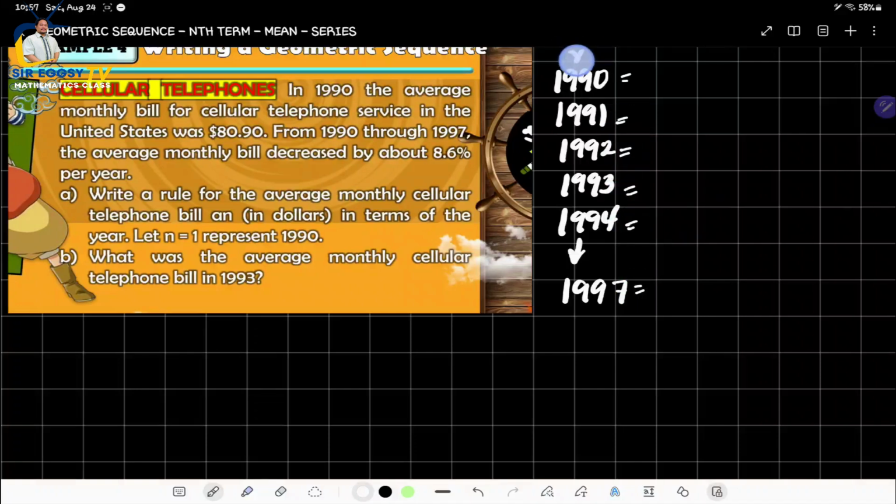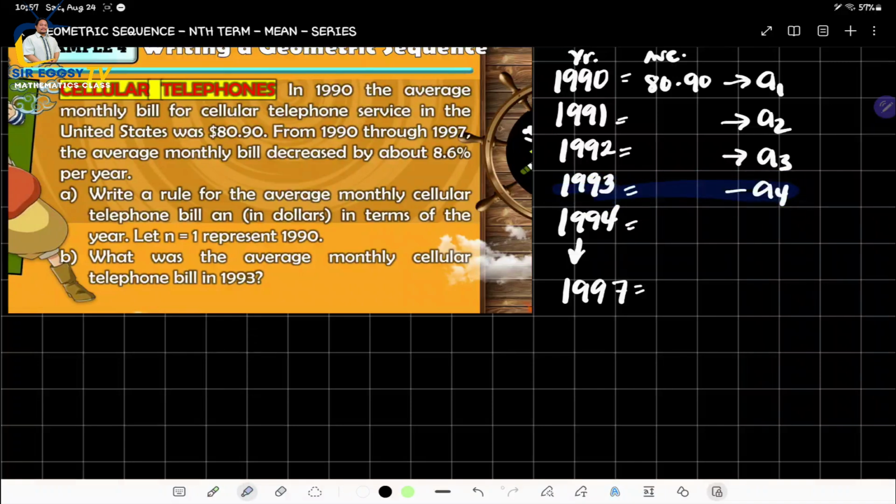And as we all know, the average monthly bill for 1990 is given by $80.90. This will give us the idea that this is our A sub 1. And this will be your A sub 2, this will be your A sub 3, this will be your A sub 4, and that is what we wanted to know, the value in that part. So, this is the average monthly bill that we are looking for.